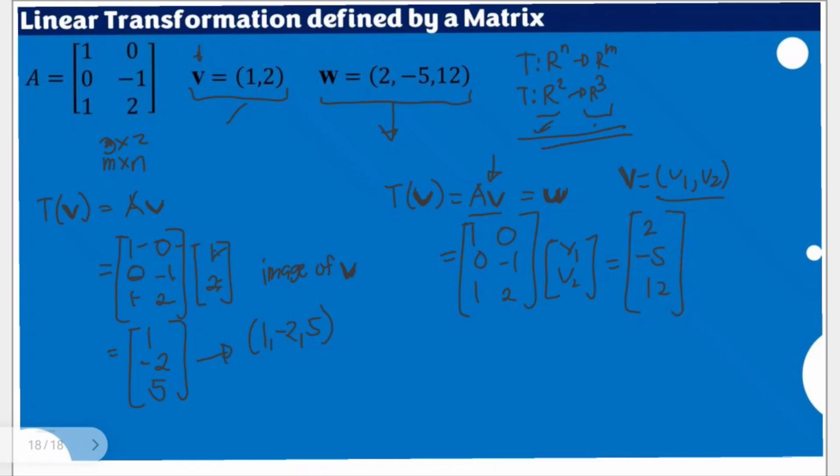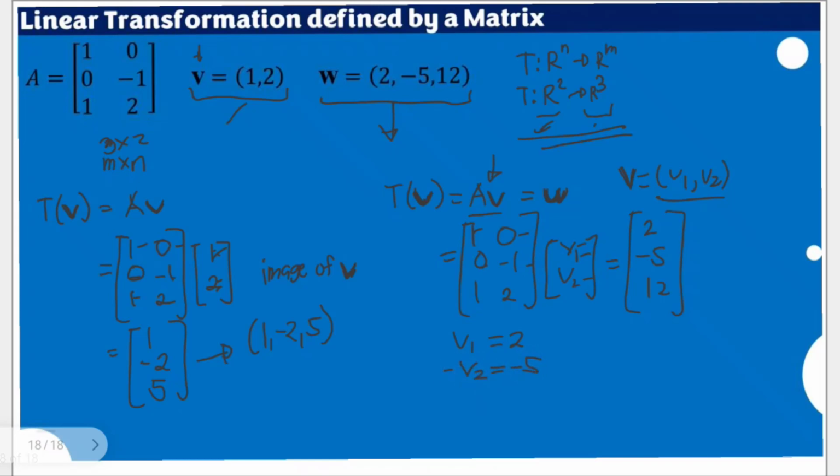Hence, we are expecting equations such as these. 1 times V sub 1 is V sub 1, 0 times V sub 2 is 0, so V sub 1 is automatically 2. Let's simply continue even if we know that it's already 2. 0 times V sub 1 is 0, negative 1 times V sub 2 is negative V sub 2, which is equal to negative 5.